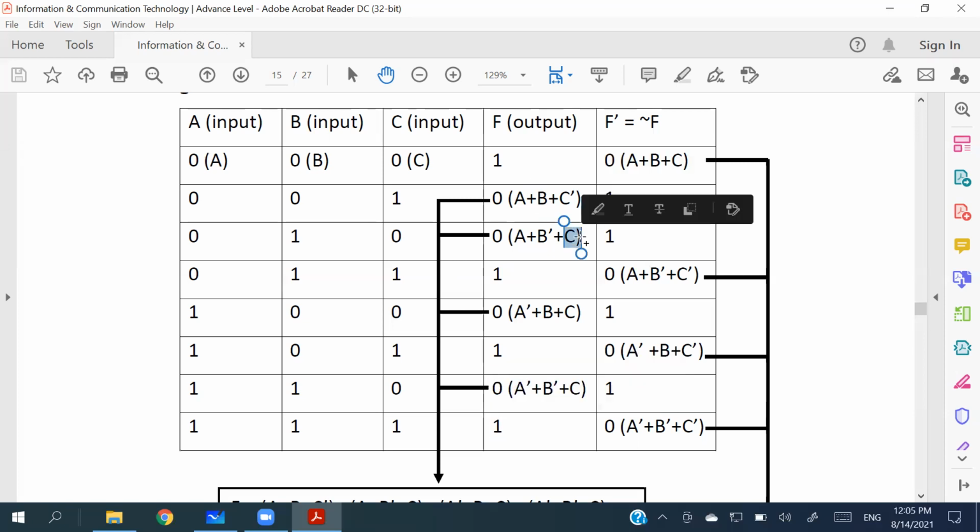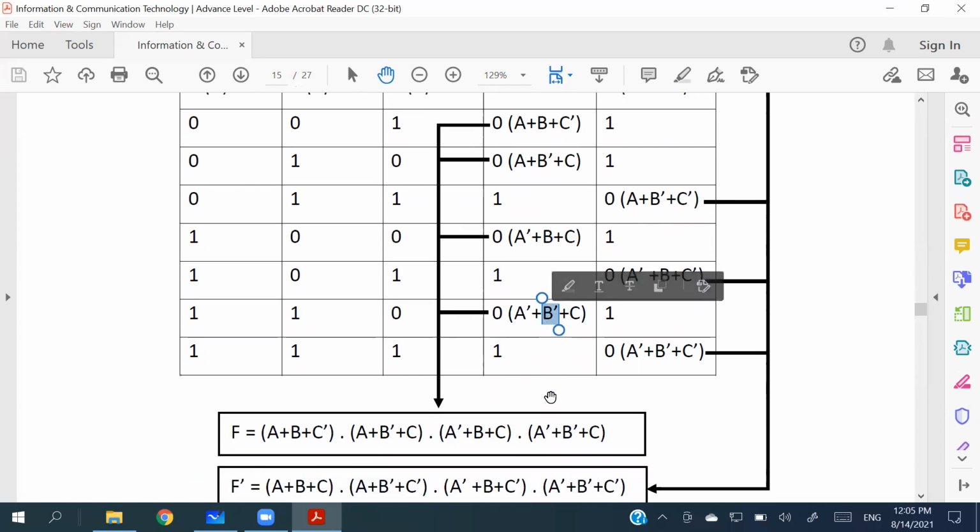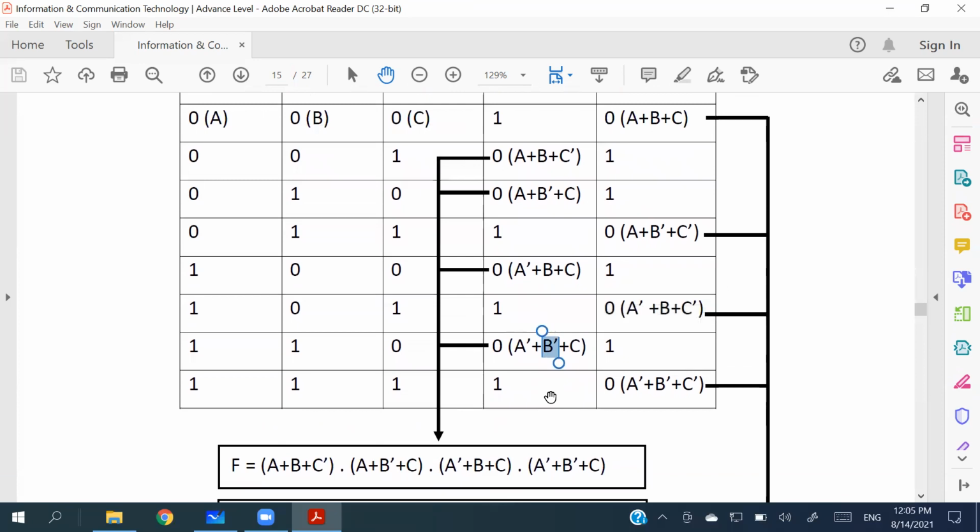Now you have 4 sum terms. So all you have to do is write them in order by connecting them with a dot, which will give you a POS, product of sums. Is that clear, everyone?